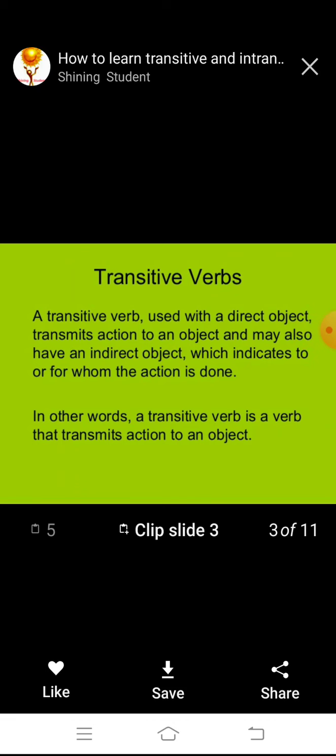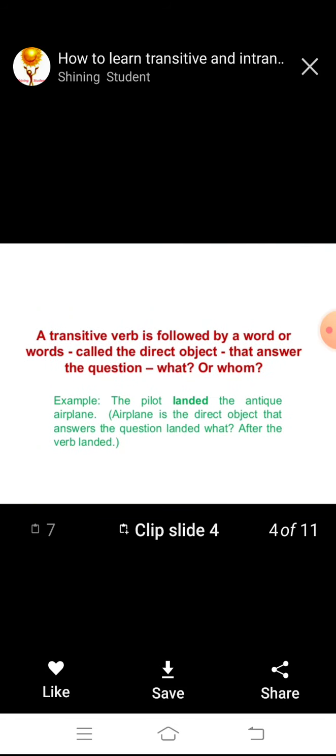In other words, a transitive verb is a verb that transmits action to an object. A transitive verb is followed by a word or words called the direct object. When we ask the verb the question what or whom, and we get an answer, this is called a transitive verb.